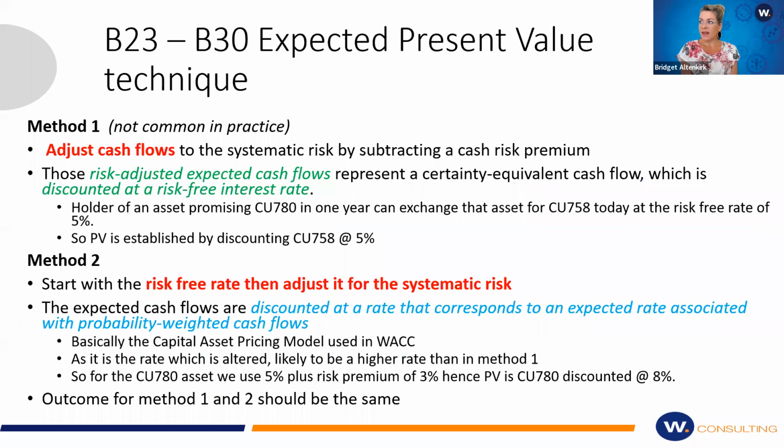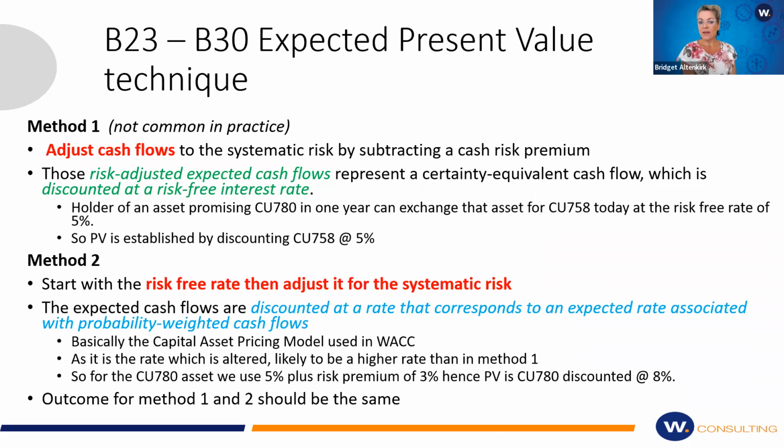So as I said, the expected present value technique has two methods which are acceptable in practice. The first method is where the entity would not adjust the discount rate that they use, but rather they may make adjustments to the cash flows. So remember, the starting point is the probability-weighted average cash flows.